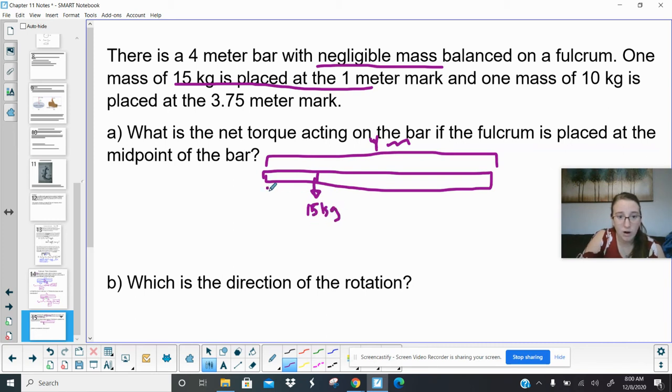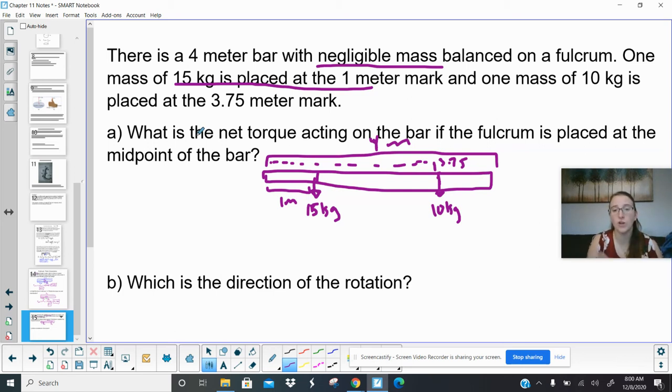This is the 1 meter mark. And then we have 10 kilograms placed at the 3.75 meter mark. Now, you can label it this way.